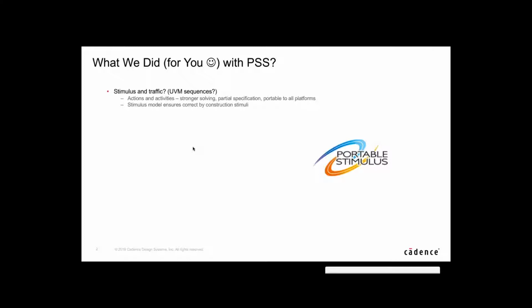They have stronger solving capabilities with all this declarative style that Tom mentioned, and the inputs and outputs that are amassed, as Adnan said. There's partial specification. It's portable to all platforms. As was said here, the rules, the connectivity between subsystems is governed by constraints and dependencies rules. So we know by construction that the tests are going to be legal. You will have to do less debug if you use PSS versus UVM.